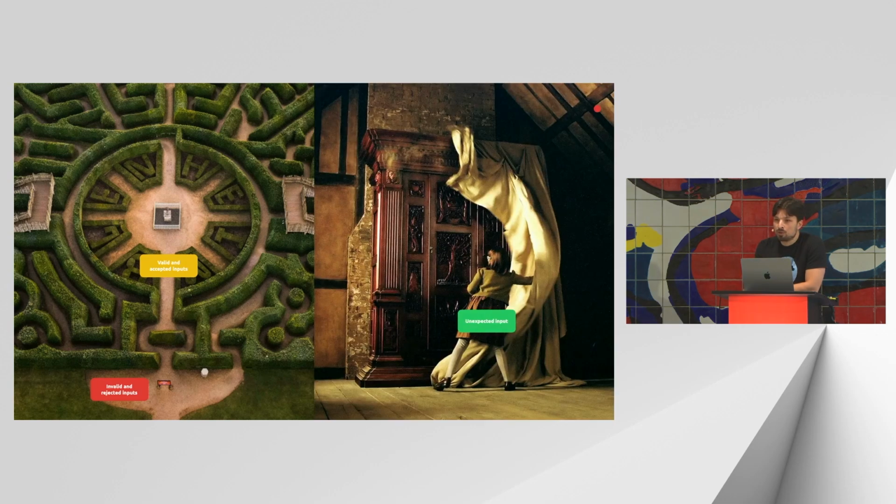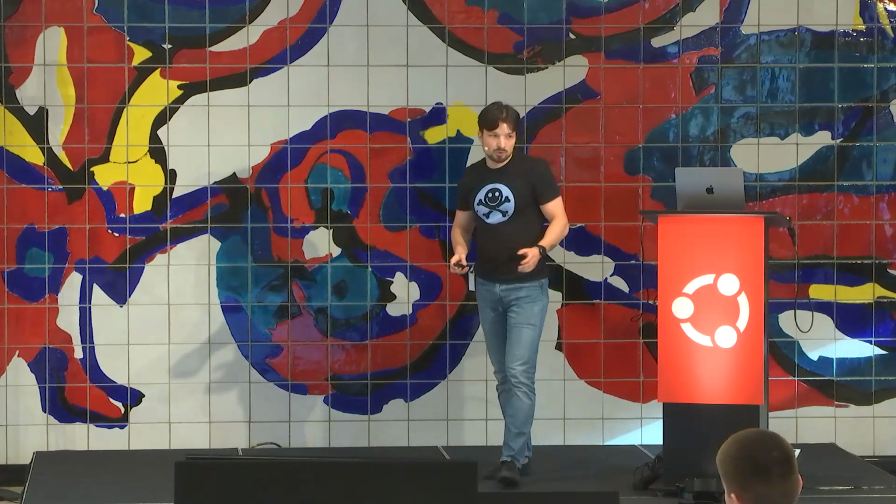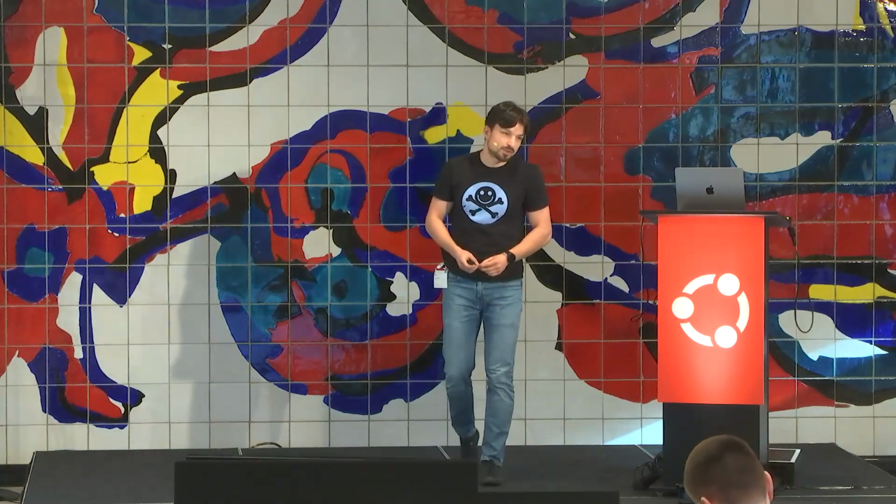But on the other hand, we have these other inputs which are unexpected for the program. The developers didn't think about them. So these are the crashes, these are the memory leaks, these are the cases that interest us. And concluding this fuzzing small section, I want to invite Dongge to join the stage and to introduce OSS-Fuzz.